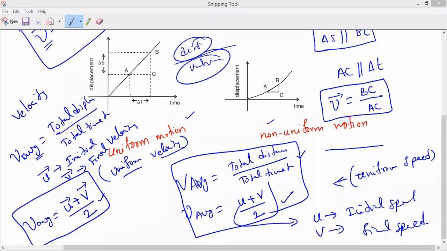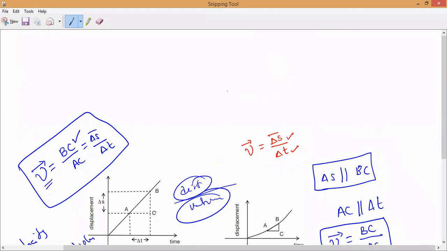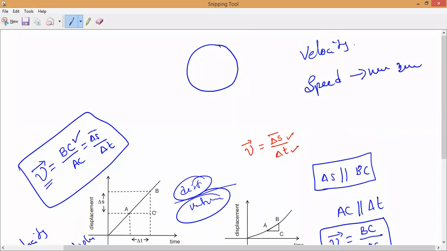That is about distance and displacement. We will study that when we study circular path, then you can understand. Speed never becomes 0, but velocity becomes 0 in a particular case.